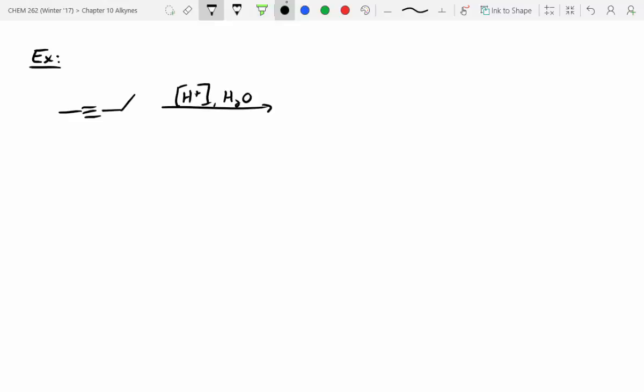So this time we've got an internal alkyne, meaning the double bonds between 2 other carbons. It doesn't have a proton coming off one of the carbons. Let's determine what product or products we might get out.